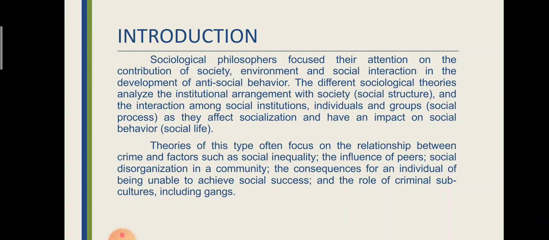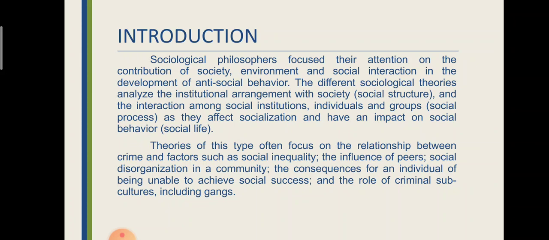The sociological philosophers focus their attention on the contribution of society, environment, and social interaction in the development of antisocial behavior. The different sociological theories analyze the institutional arrangement within the society, called the social structure, and the interaction among social institutions, individuals, and groups, called the social process, as they affect socialization and have an impact on social behavior or our social life.